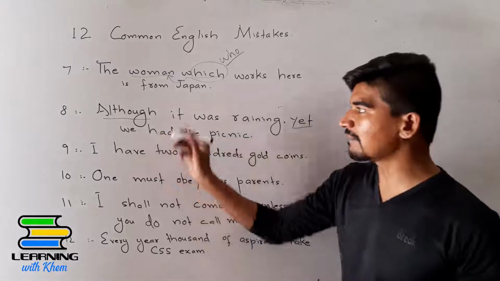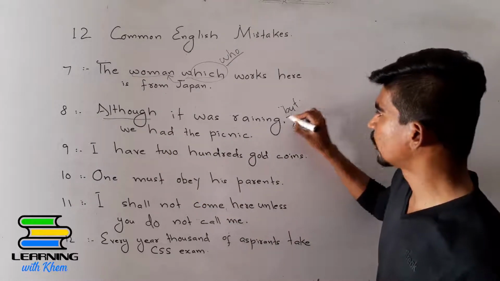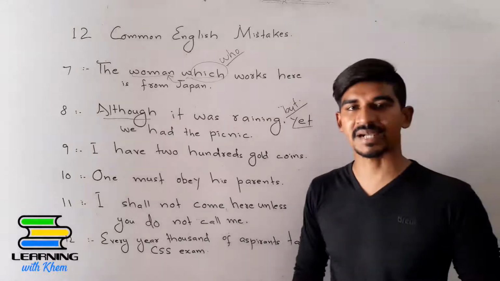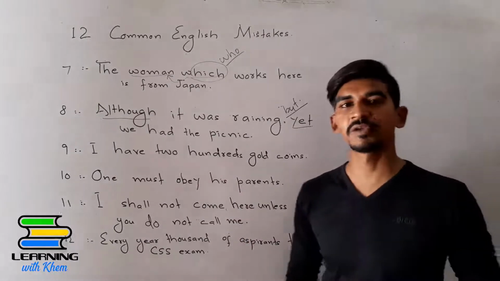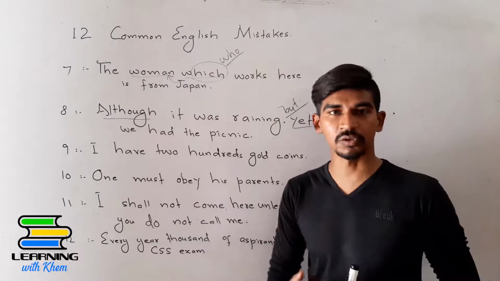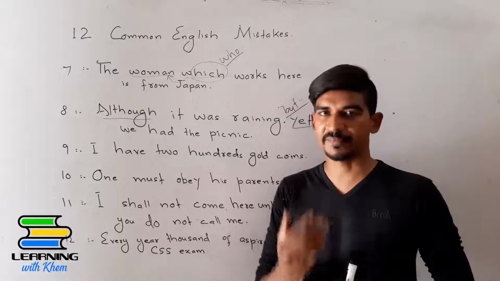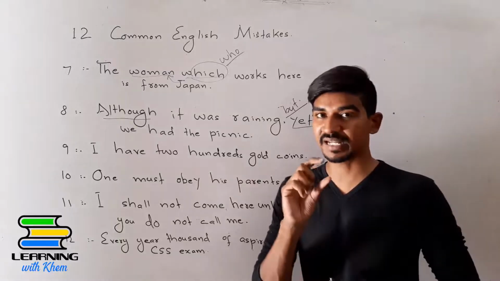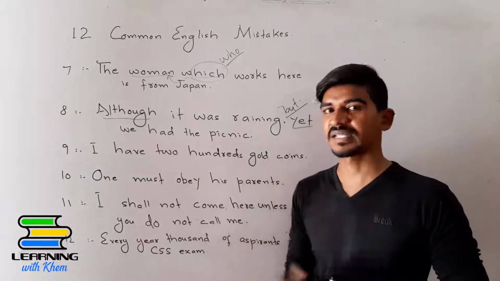So "although" will always come with "yet" or "but yet," so here our sentence becomes correct. Another example we have is "not only, but also." This is also a conjunction which comes in the form of a pair.